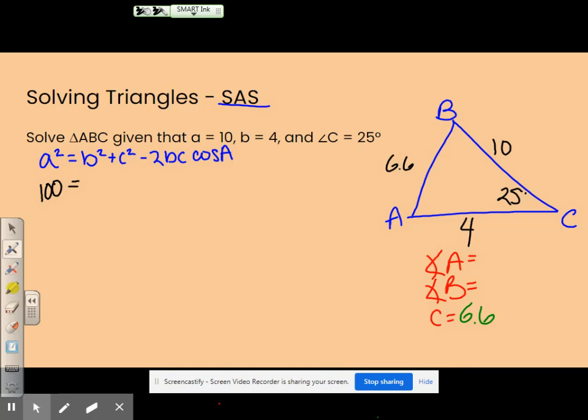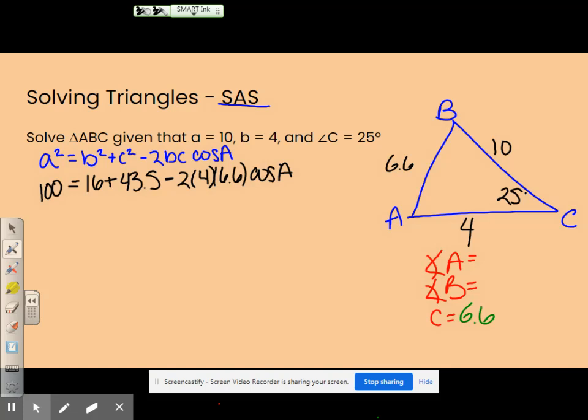I know that the value of B is 4. 4 squared is 16. Value of C is 6.6. 6.6 is going to be 43.5 when it's squared, minus 2 times B, that's 4, times 6.6, times the cosine of A, the part that we are looking for.